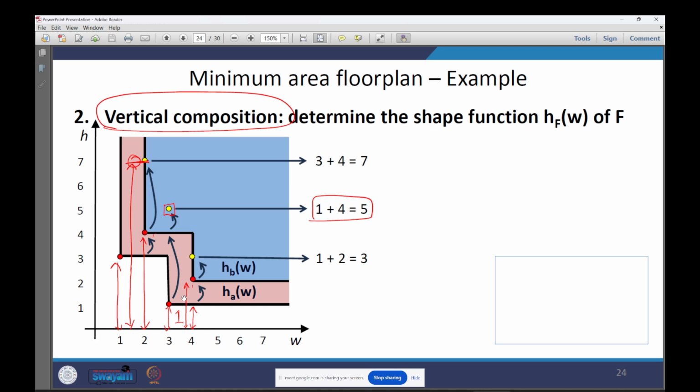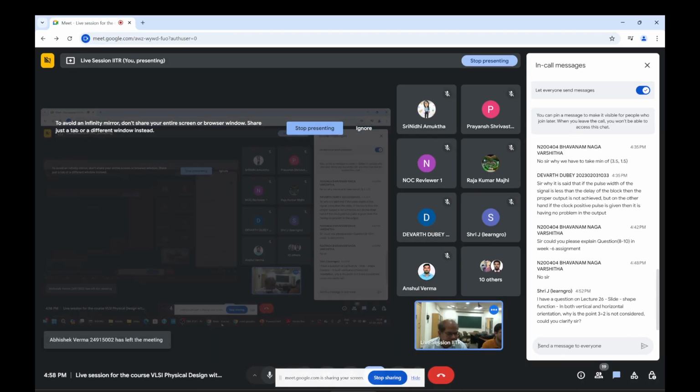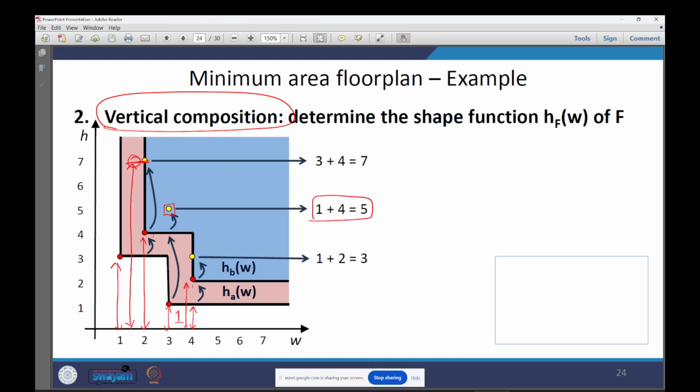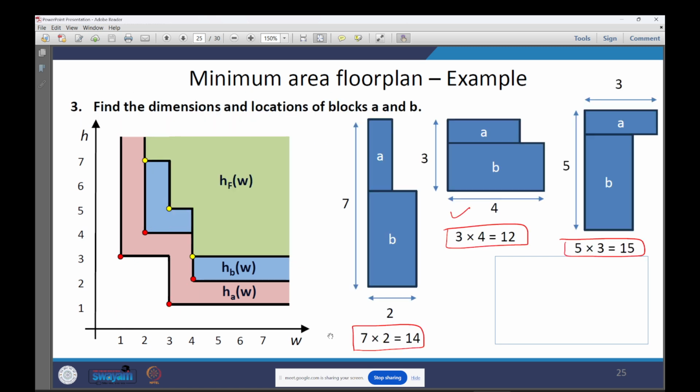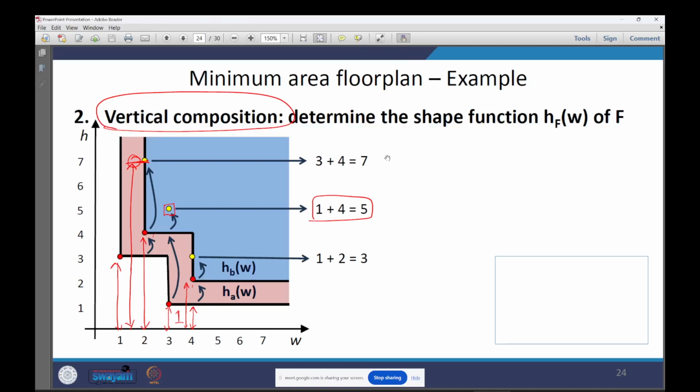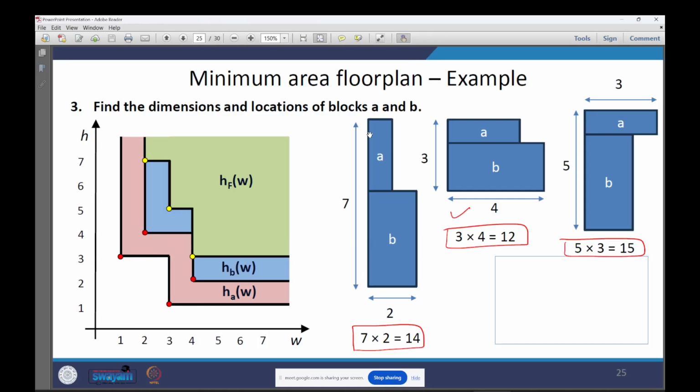So then what is the problem? 3 plus 2. Okay, so if you look into it, this is basically 4 plus 3. 4 plus 3 is 7. So this is 7.